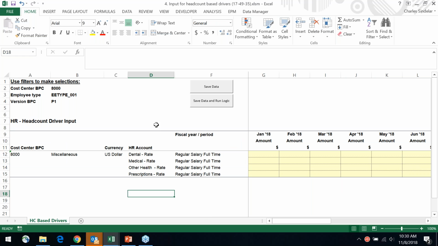All right. Now we have to input for the flat headcount-based drivers. These are the things that aren't driven off your salary. What's the assumption for the company share of dental insurance? $50 a month. What's their support for medical? What's their support for prescription per month?